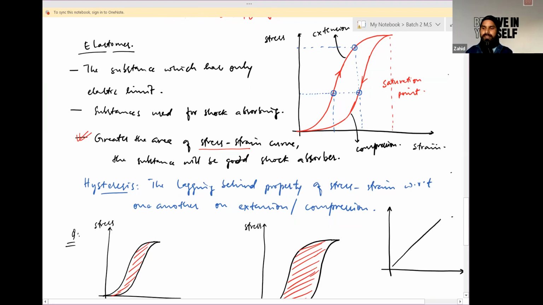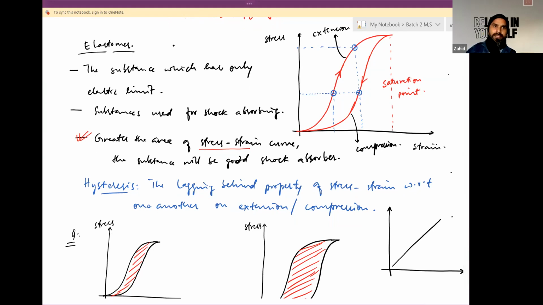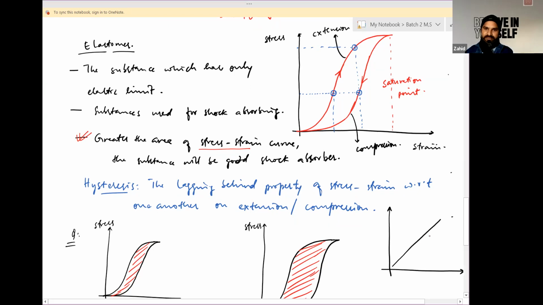You must have learned this graph in class 10th for Ohm's law for voltage and current. So in this graph, y and x is directly proportional. If you increase the value of y, there will be a corresponding increase in x, so it will move linearly along this direction. And if you decrease the value of y, there will be a corresponding decrease in x, so it will move along this direction as well.